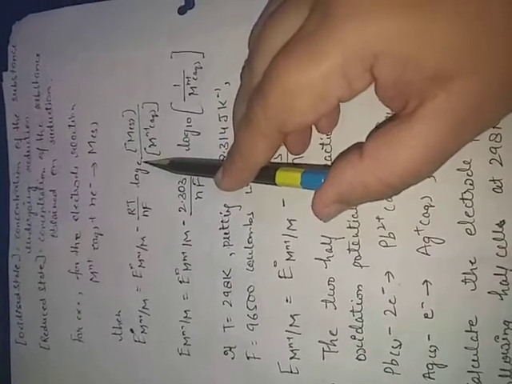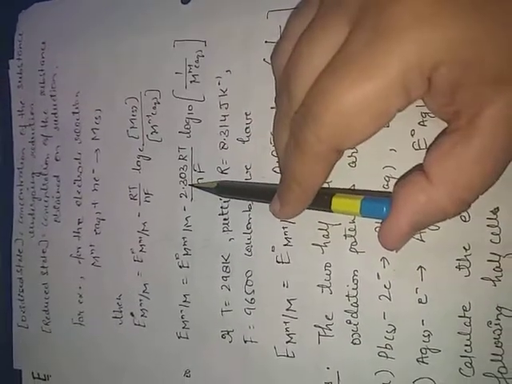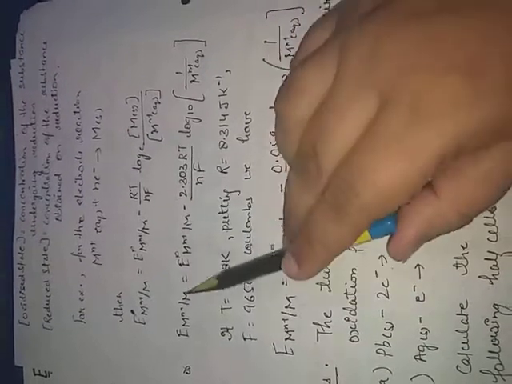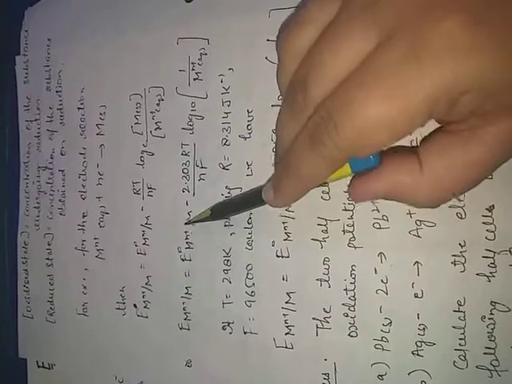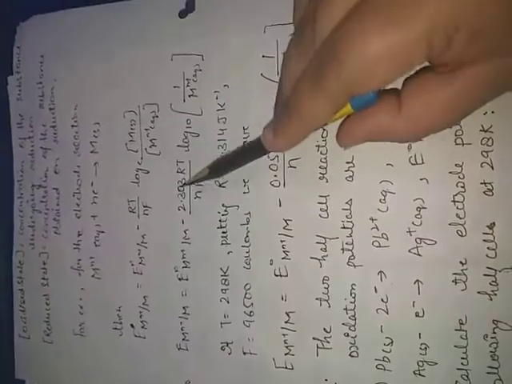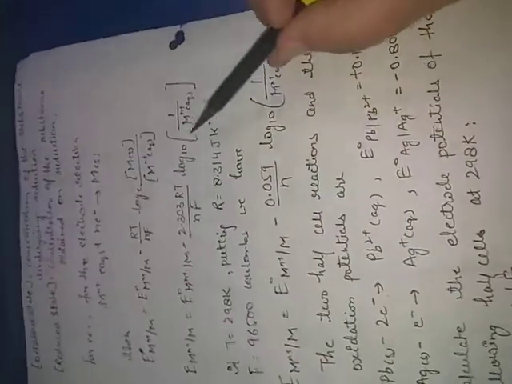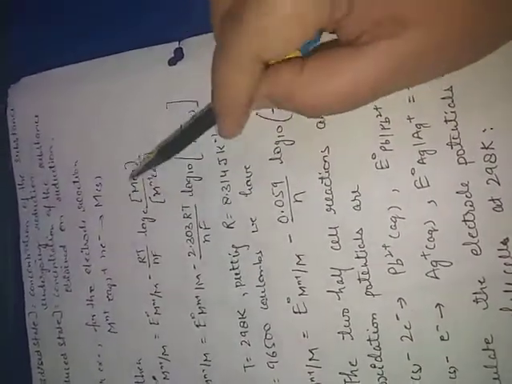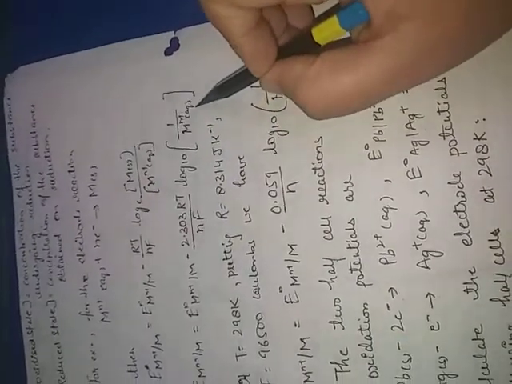If we remove this log base e and use log base 10, then it will be multiplied by 2.303. So E of M n plus oblique M equals E naught of M n plus oblique M minus 2.303 RT upon nF log base 10 of 1, since the metal is taken as 1, upon M n plus aqueous.